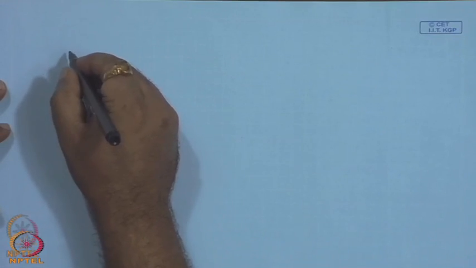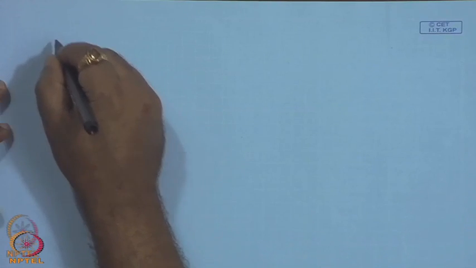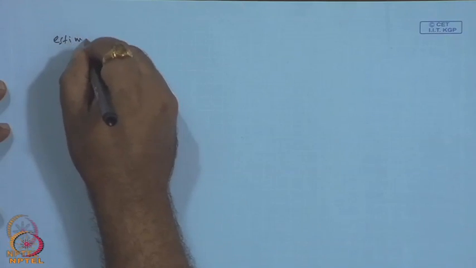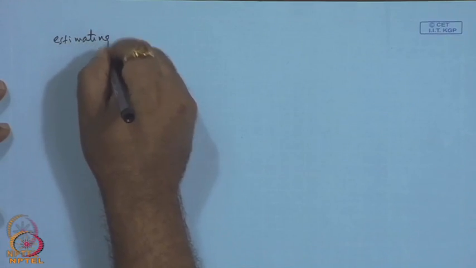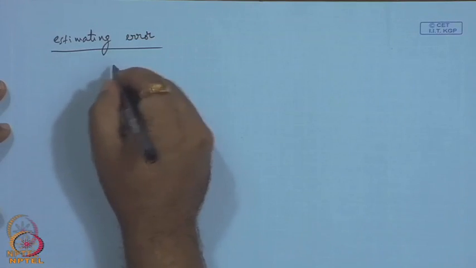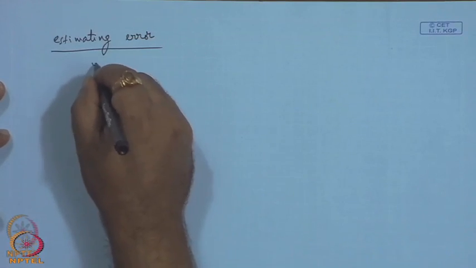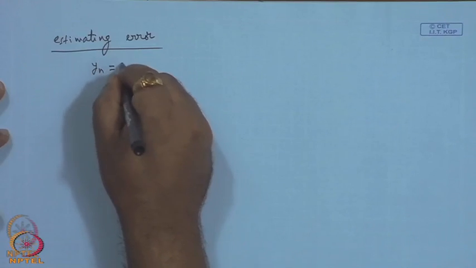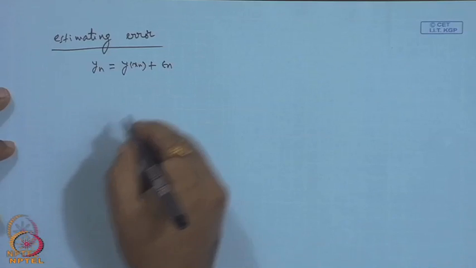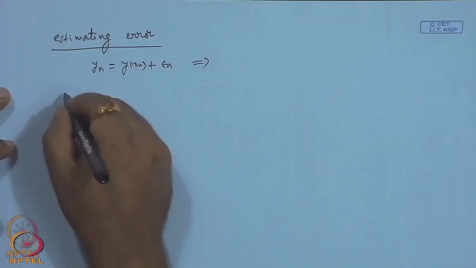Okay. So, estimating error. So, we have y n equals to, so this notation we follow. Okay.